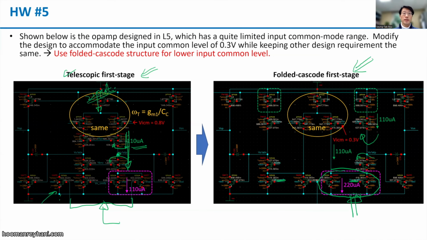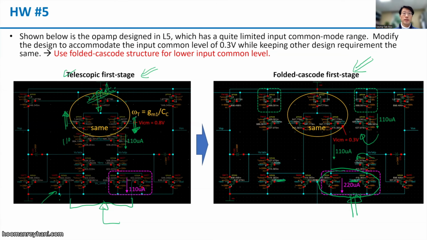In steady state, in the bias condition, we have 110 here and also 110 here. And when the signal is maximum, say the input here goes to minimum, like a slew condition, even though in our specification we designed the amplifier to be slew-less, let's consider the worst case.